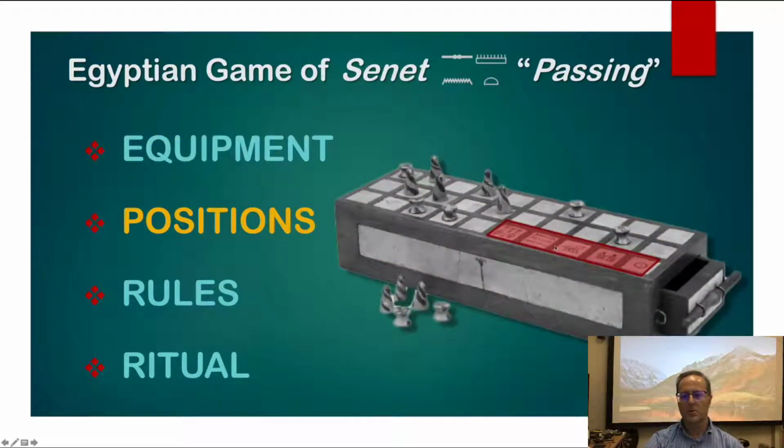Now, the most important positions on the board were the last 5 squares. As you work your way down the board, it seems that the goal of the game was to work your way off the board like in backgammon. This was triggered when you hit the first square here, square 28, which had the sign Neferu on it, a good place, usually meaning the embalming house.